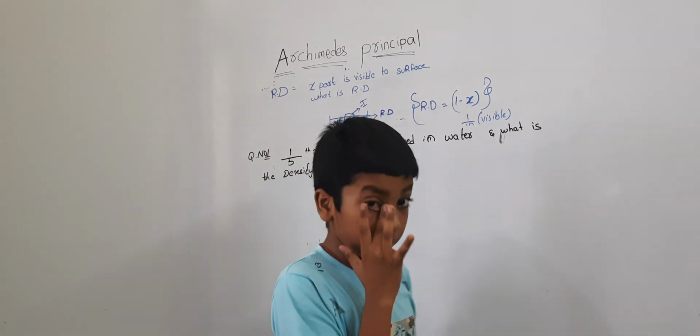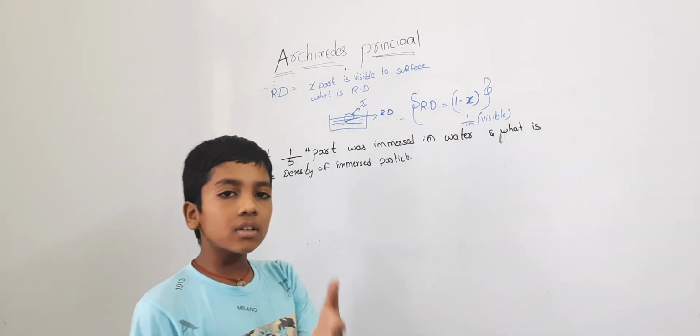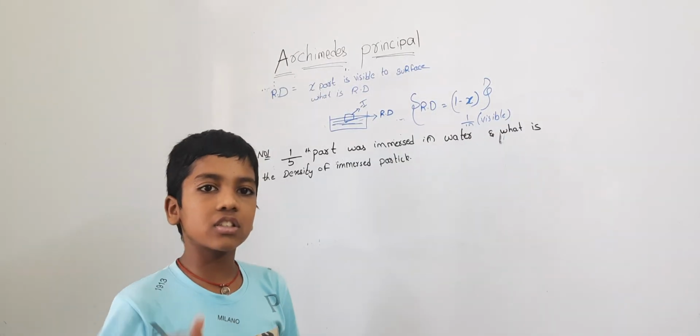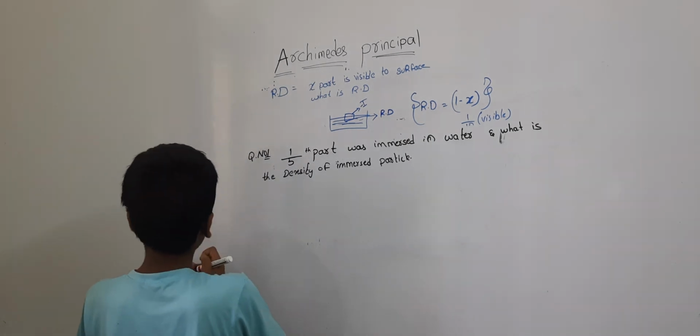Only 1 by 5th part is immersed. They will not give any density, but you know the constant density of water. What is the constant density of water?